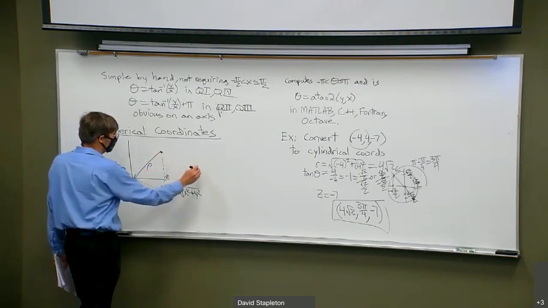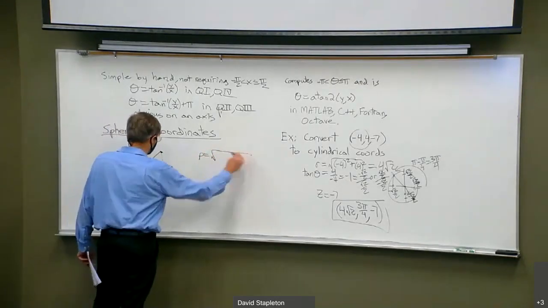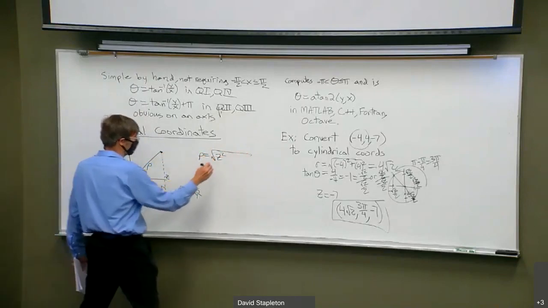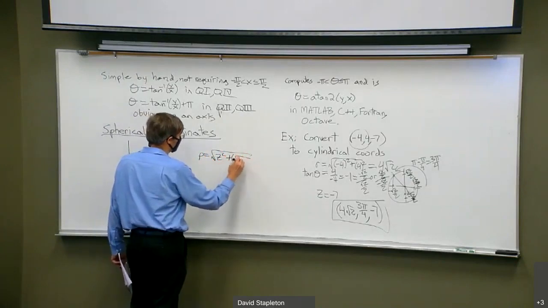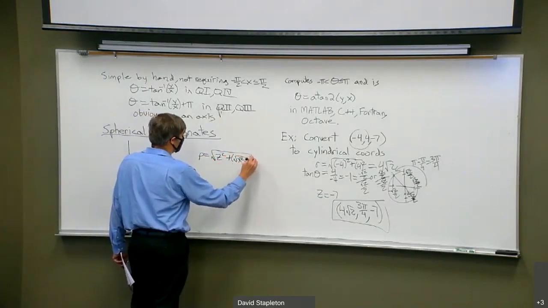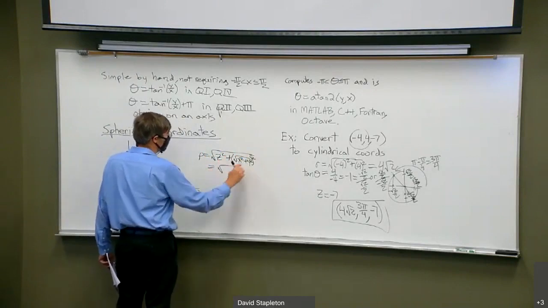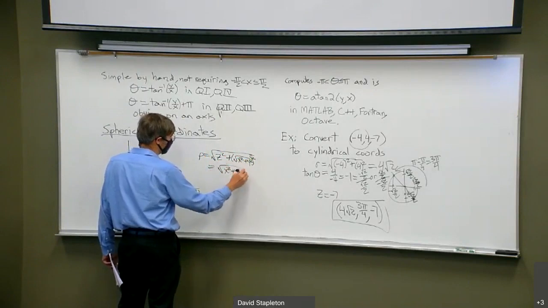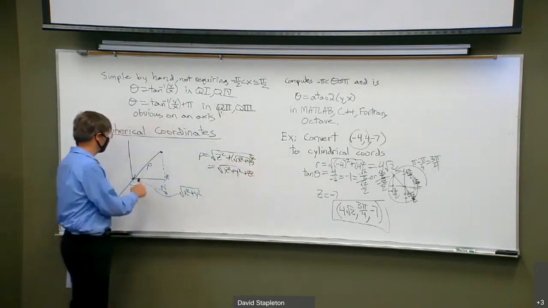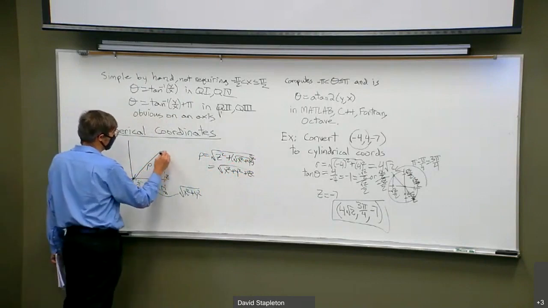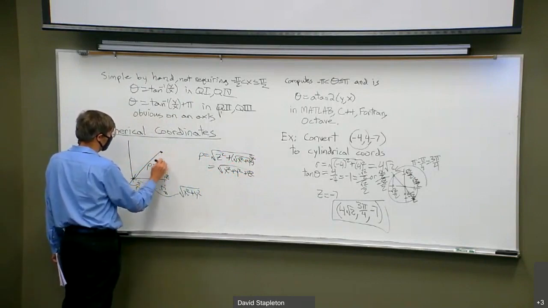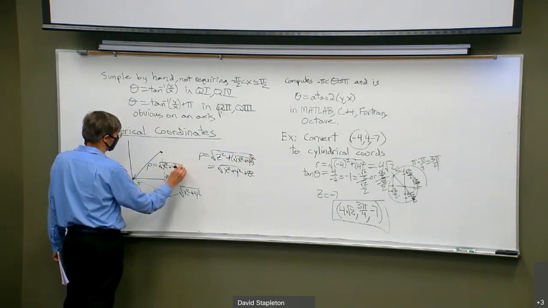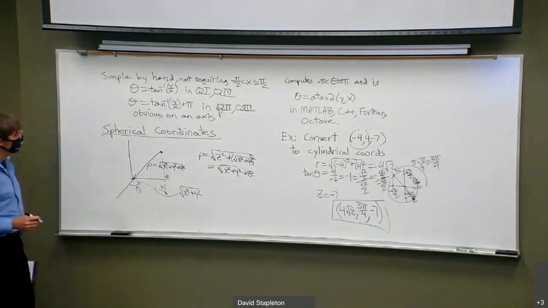Rho equals the square root of this side of the triangle, z, squared, plus this side of the triangle, square root of x squared plus y squared, squared. Oh, but that's just x squared plus y squared from that one, plus z squared from this one. And so the distance from the origin to any point in Euclidean space is rho equals the square root of x squared plus y squared plus z squared. There it is.